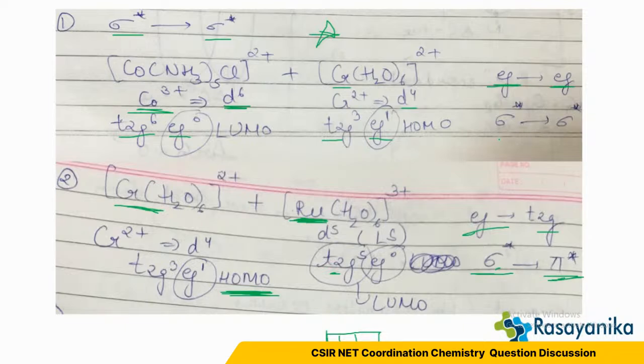You have to see this, that the Eg to Eg transfer is faster as compared to the Eg to T2G. The inner sphere is faster as compared to the outer sphere because a bridging ligand is present, so it will facilitate the electron transfer.